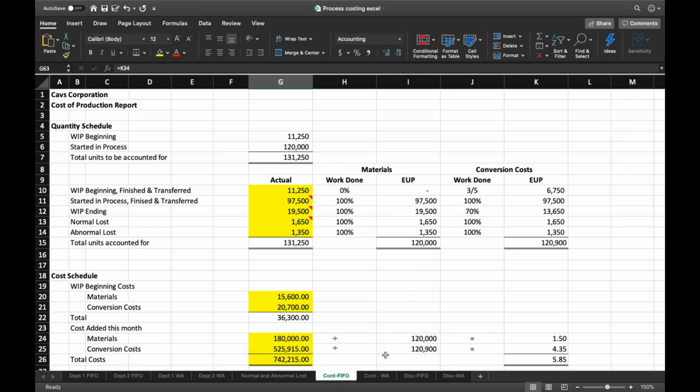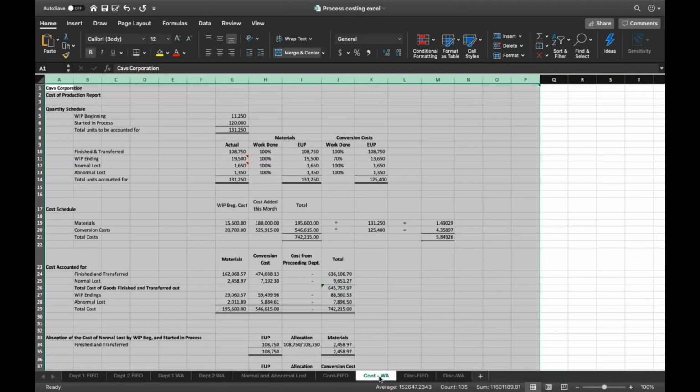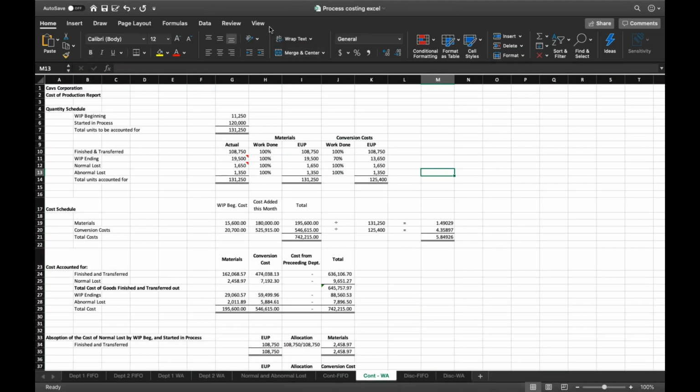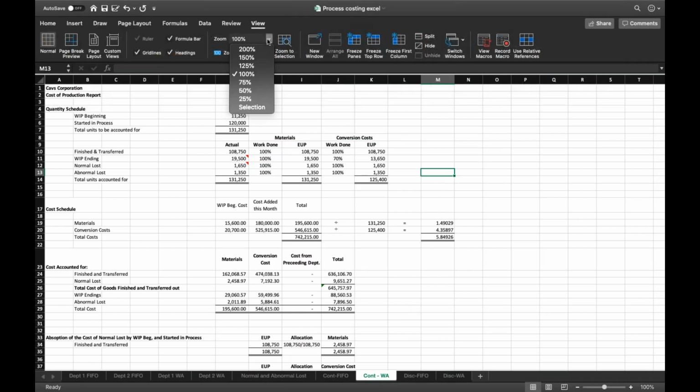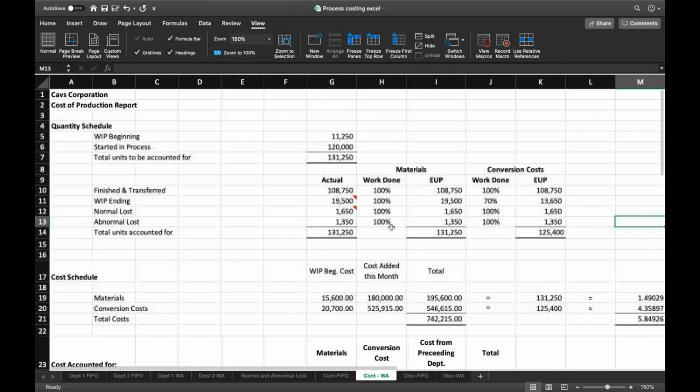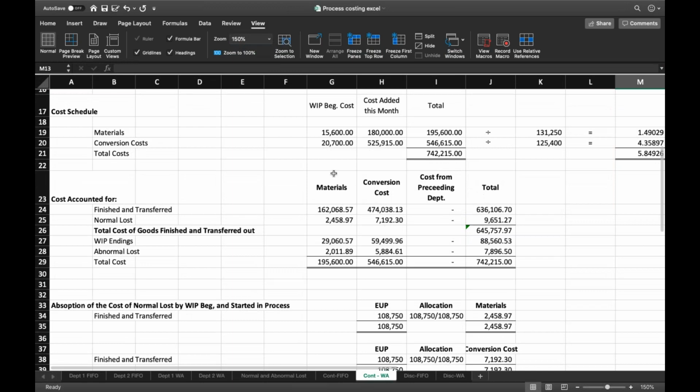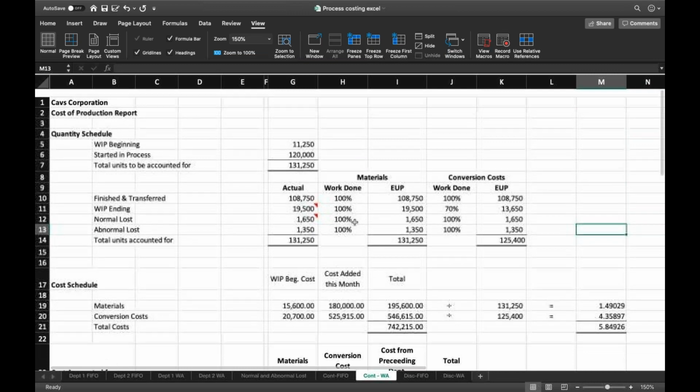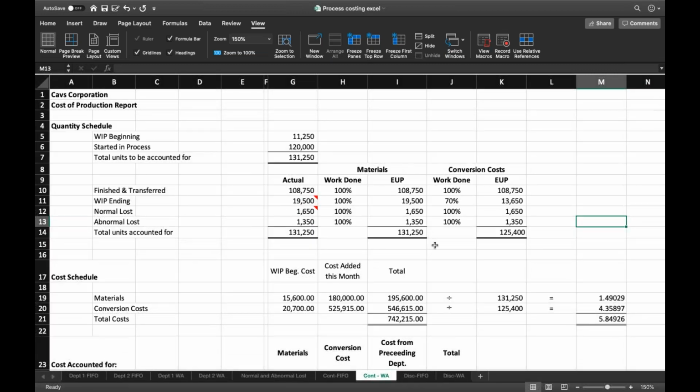Let's go to weighted average. Mabilis na lang to. Let me just make it bigger. So, for the weighted average, the only difference dun sa first in, first out is that wala na siyang work in process beginning.